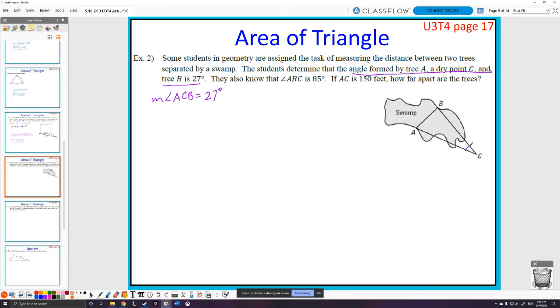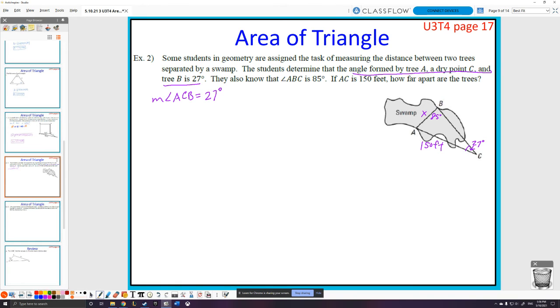ACB is this guy right here, right? That is 27 degrees. Okay, they also know that angle ABC is 85. If AC is 150 feet, how far apart are the trees? And they tell me the two trees are tree A and tree B. So I'm looking for this guy.